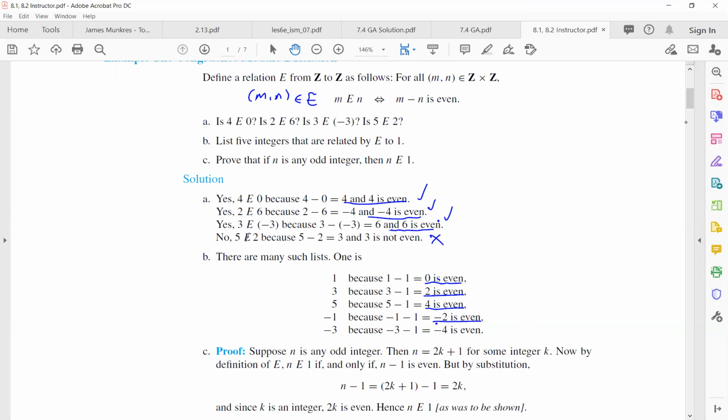So these numbers are satisfying the condition. And finally, you can take -3. -3 minus 1 is -4, and -4 is also even.